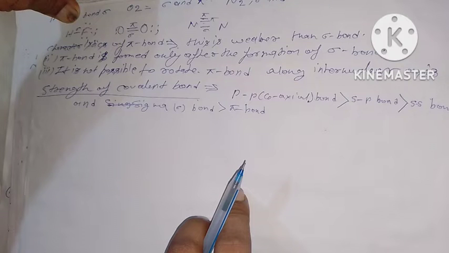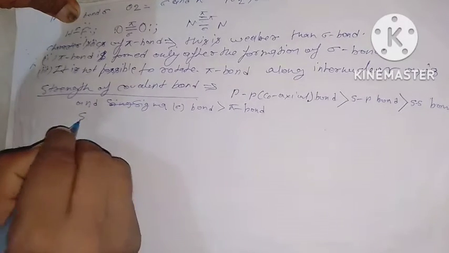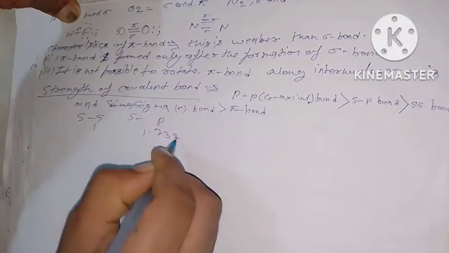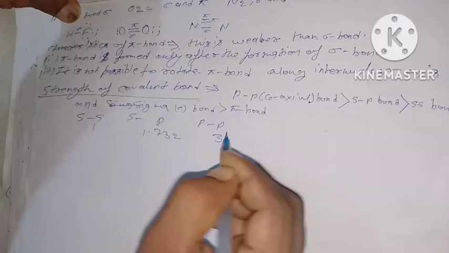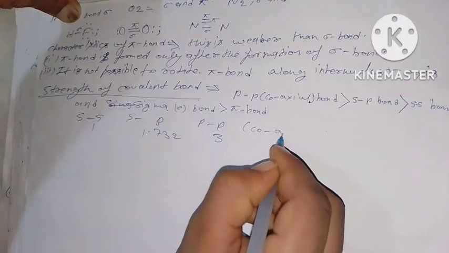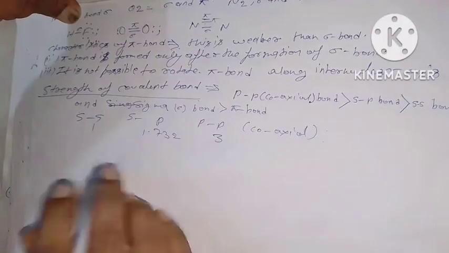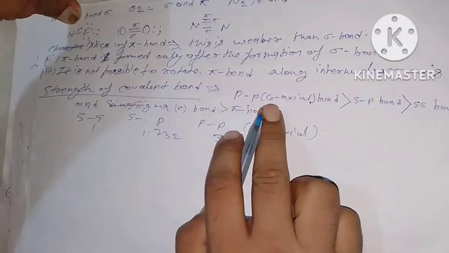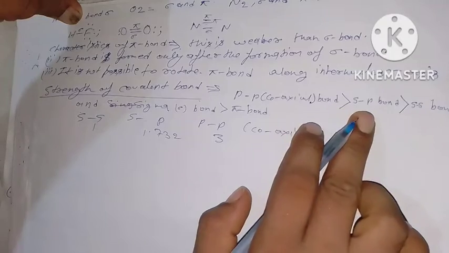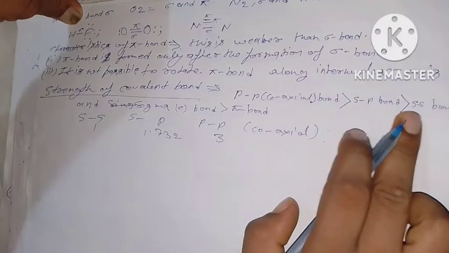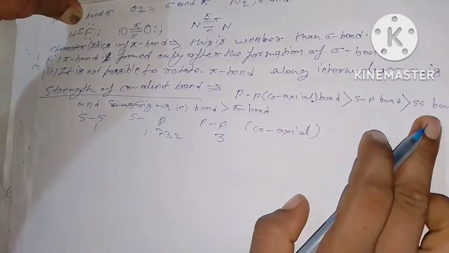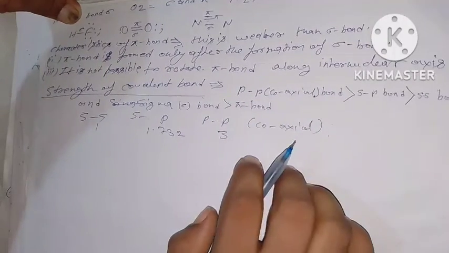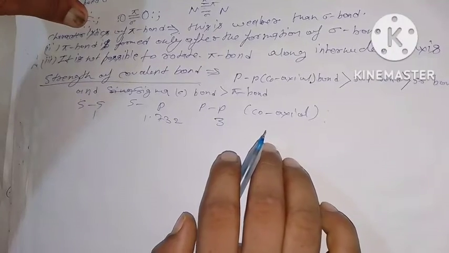The relative strength is SS 1, SP 1.732 and PP 3. Hence PP coaxial is greater than SP, which is greater than SS, and sigma bond is greater than pi bond.